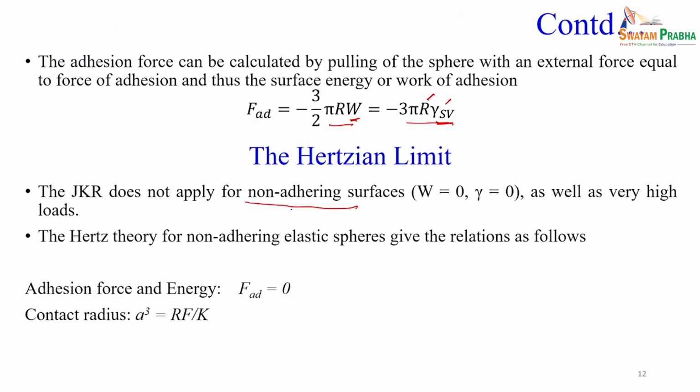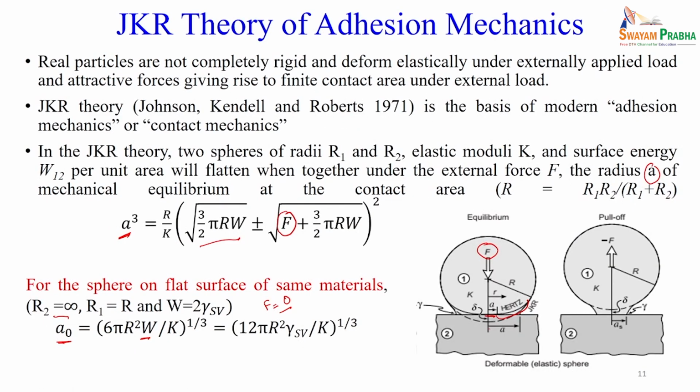So, if it is not adhering, the work of adhesion will be 0 and gamma will be 0. So, we say the adhesion force is considered to be 0. In that case, the contact radius is simply R F upon k.